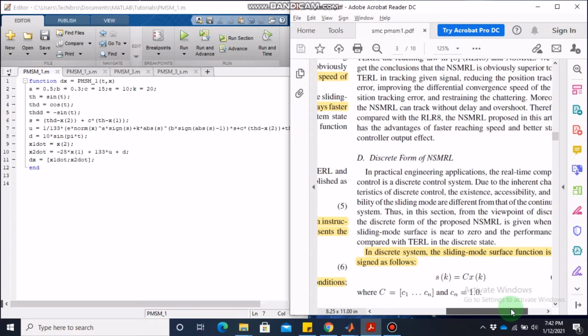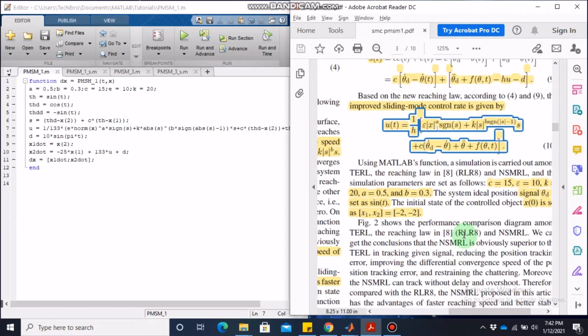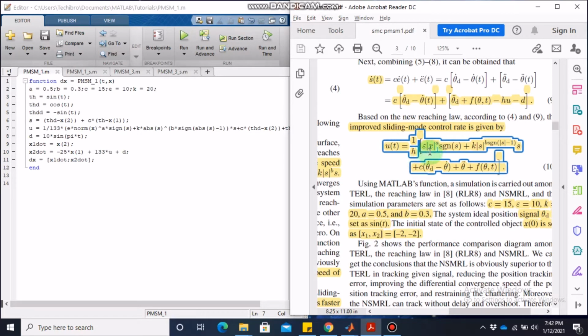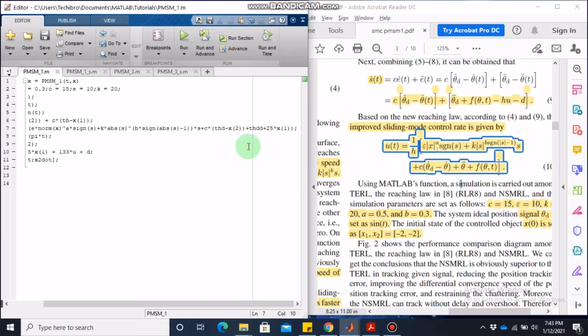So if you go back to the control equation, we have u is equal to 1 over h times, so 1 over h means 1 over 133 times e times the norm of x raised to the power a sine of s plus k times absolute value of the sliding surface raised to the power b times sine of absolute value of s minus 1 times s plus c times theta dot, the derivative of the error, and plus here I have used the double derivative of theta desire.